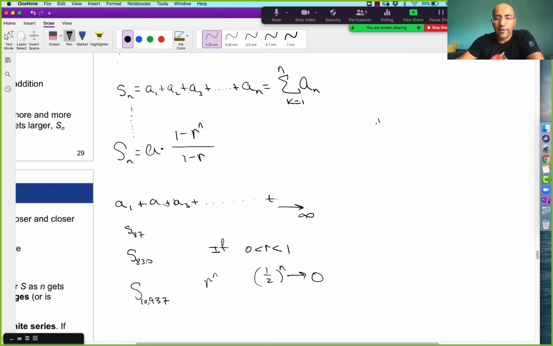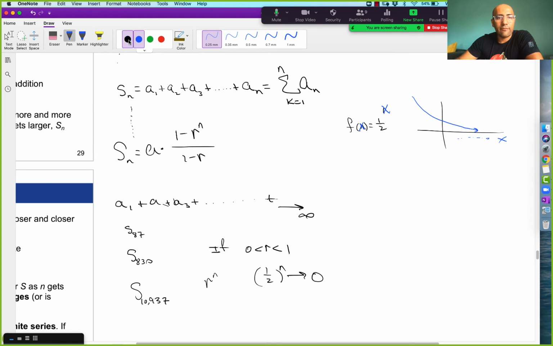If we had 1/2 to the power of n as a function, remember that if this base number is between 0 and 1, then the graph of a continuous one looks like this. Let's make this a continuous function. A continuous function looks like this. So as the inputs get larger and larger, this thing gets closer and closer to 0, right?